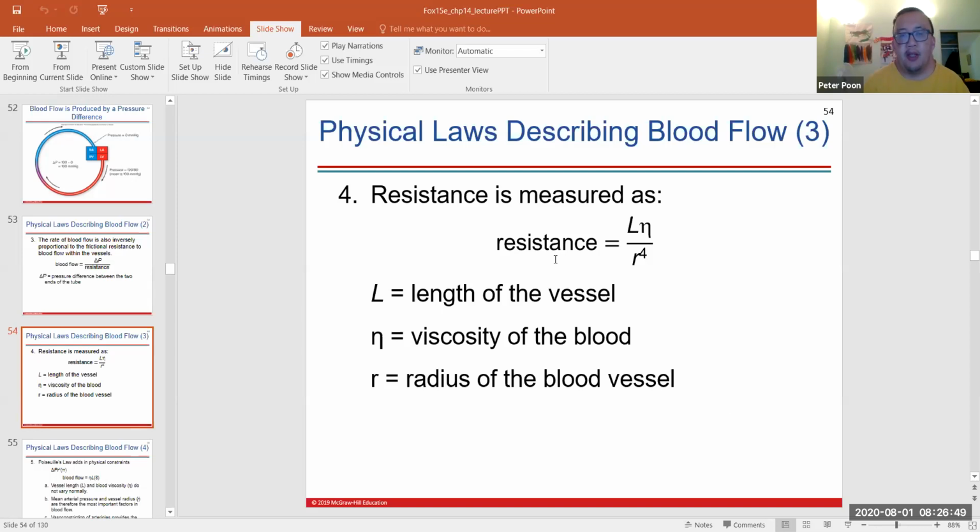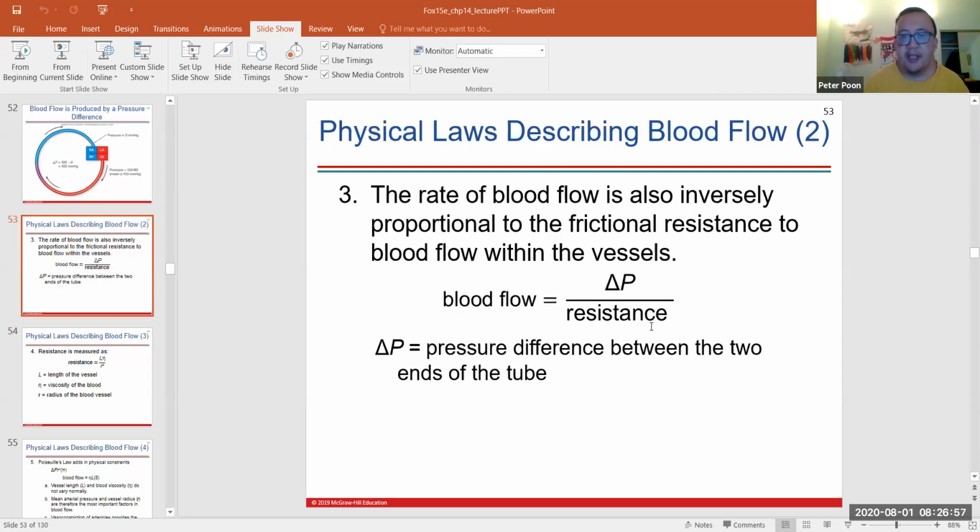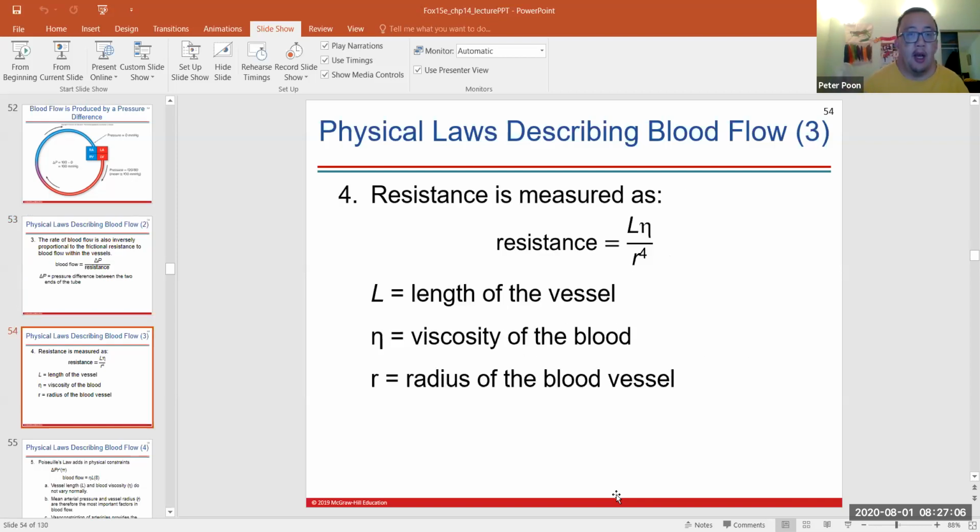So if this value increases, then the resistance increases, then the blood flow decreases. If you think about it this way, the more gooey the stuff is, the harder it is to pump, right?